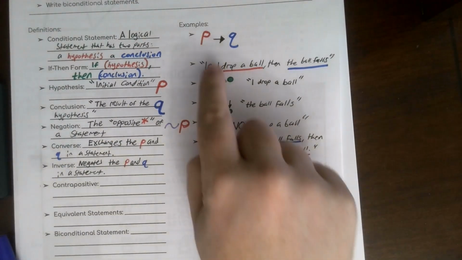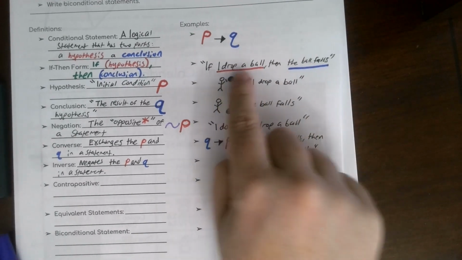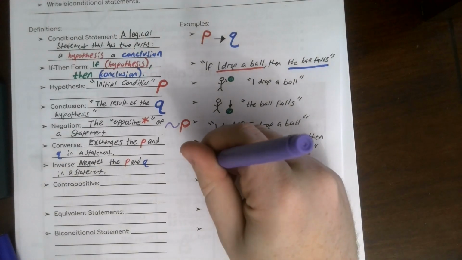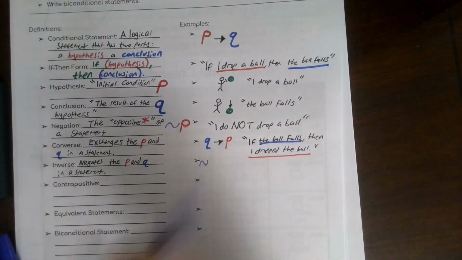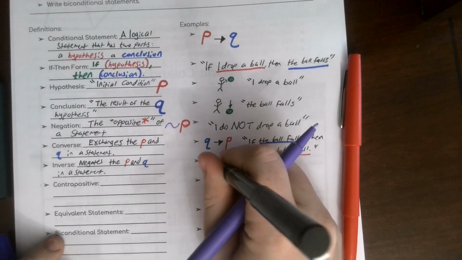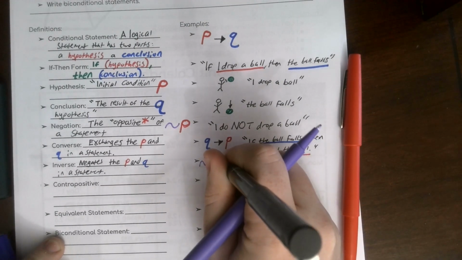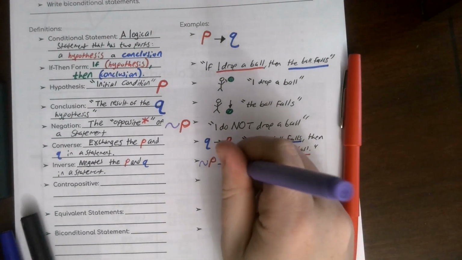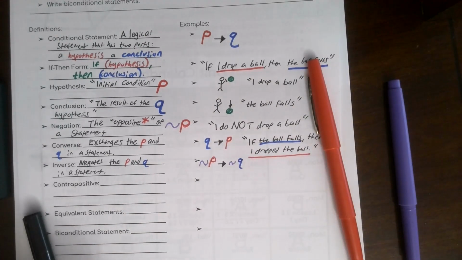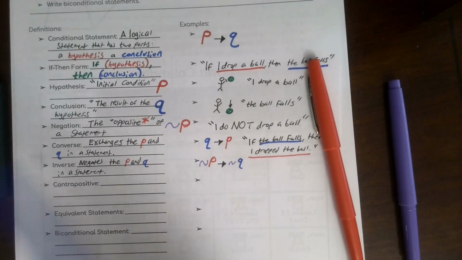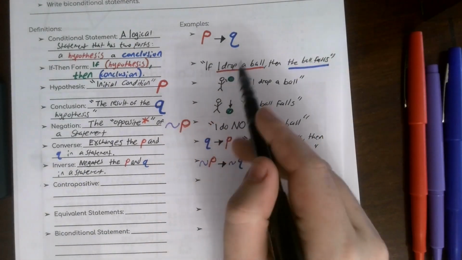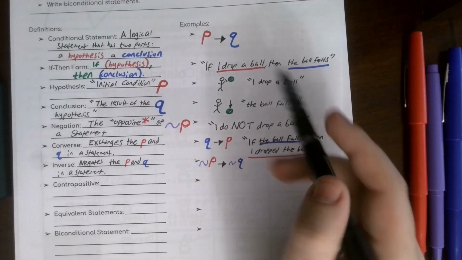So instead of if P, then Q, like we have up here, it would be if not P happens, then not Q happens. If the quote-unquote opposite of P happens, then the opposite of Q happens. So how would we write this statement out? Well, we would want to write it as if I don't drop a ball, then the ball doesn't fall.